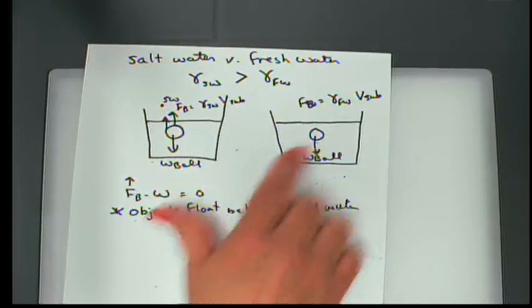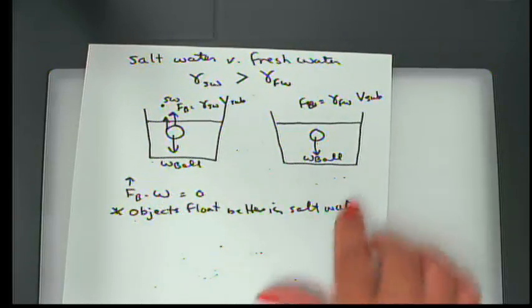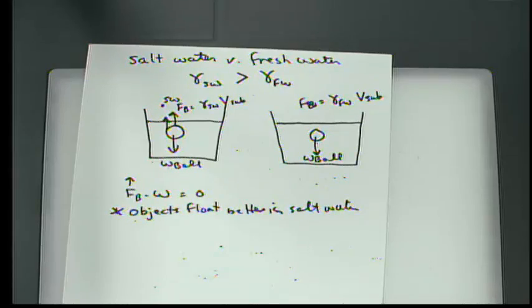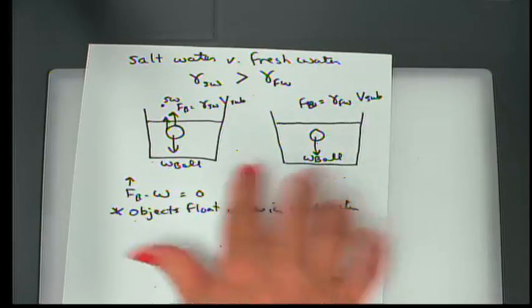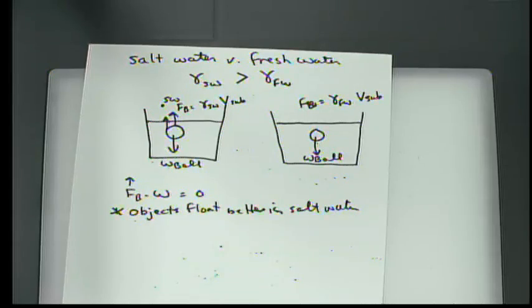And once in a while you will get somebody who's a sinker. They tend to be extremely thin, athletic men, or little kids, scrawny little kids, can also be sinkers. So that just has to do with the relative density of their bodies. But almost nobody will sink in salt water.